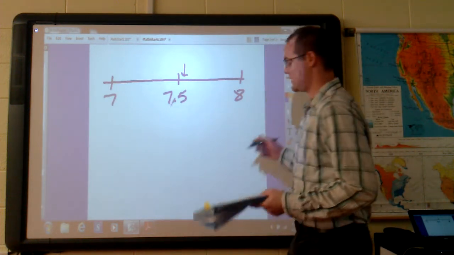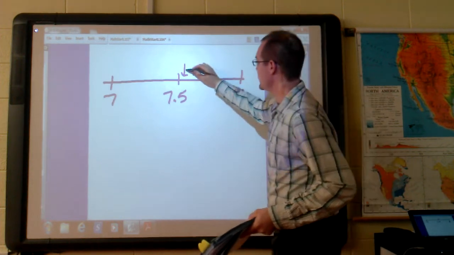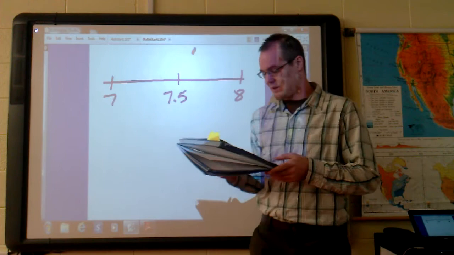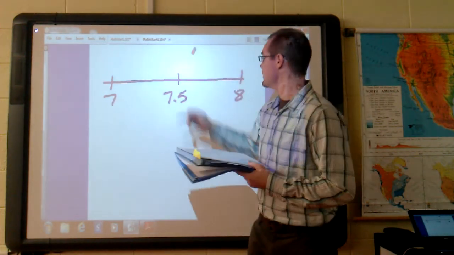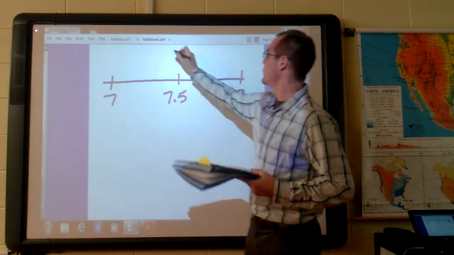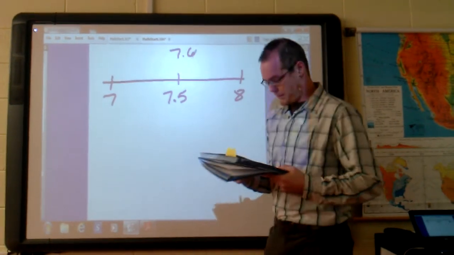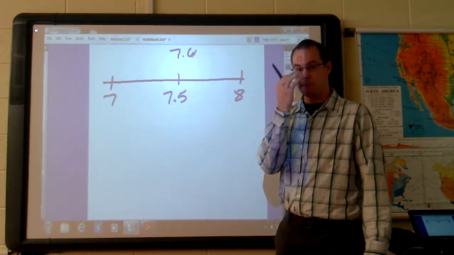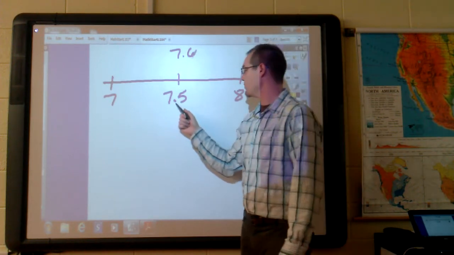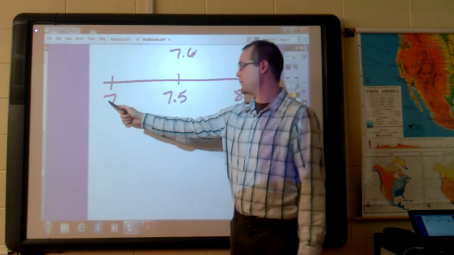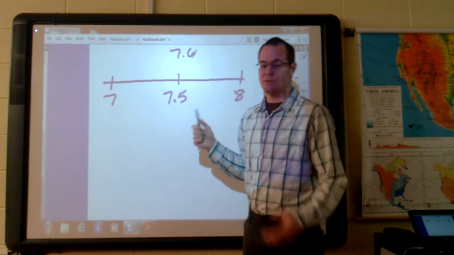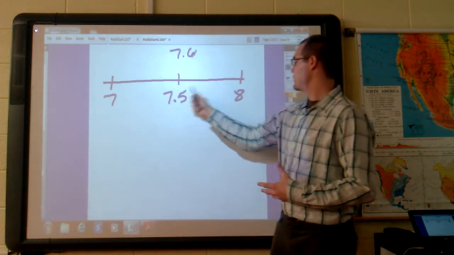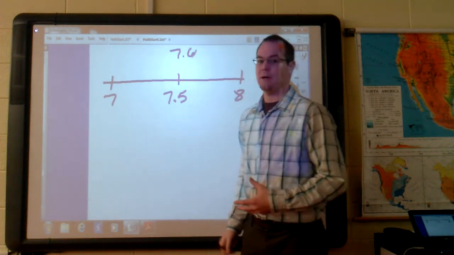Example number 1, you will write down on your sheets. Example number 1 says, round 7 6/10, or 7.6, to the nearest whole number. I'm going to leave my number line up for now. 7.5 obviously lies directly in the middle of 7 and 8. We need to determine whether 7.6 is closer to 8 or closer to 7.